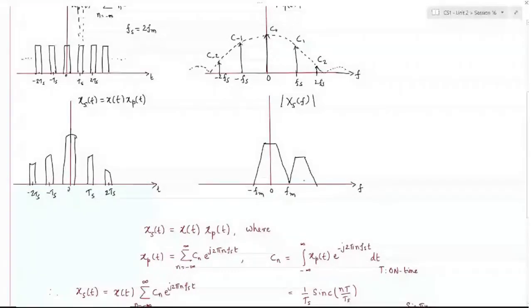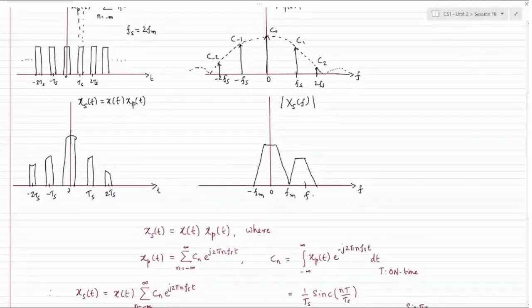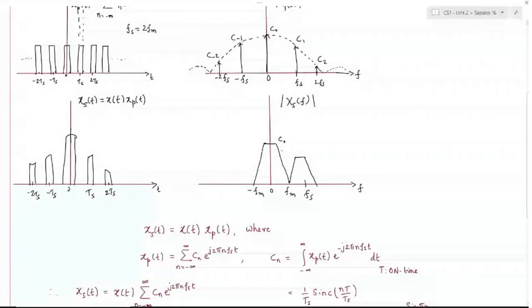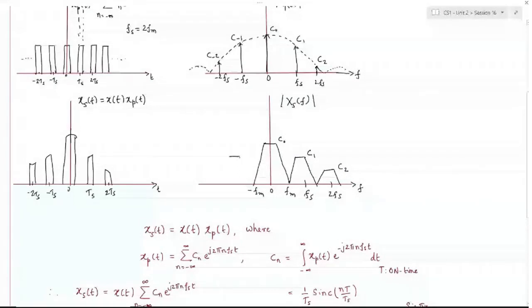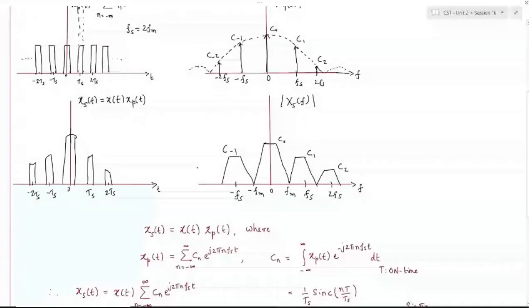So next would be kind of this, where this is fs whose amplitude is C0. Here the amplitude is C1, and similarly at 2fs the amplitude is C2, and on the negative side we'll also have a similar structure, minus C1, and this is represented with minus C2, and this is at minus 2fs, and so on.